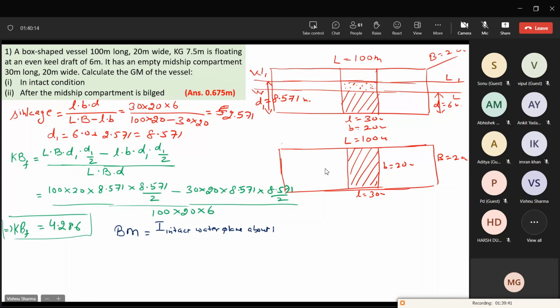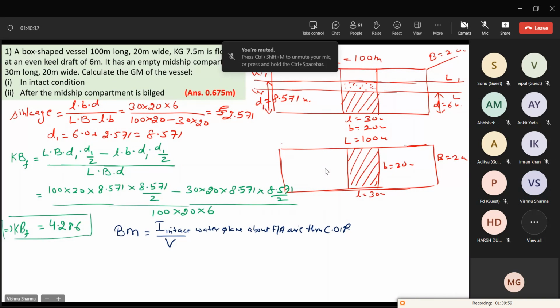About the transverse axis through COF. Do you agree this was the formula taught to you, beta, when we did the formula for BM? Yes or no? Yes, sir. Divided by V. What was V there? Go back to the formula if need be. What was V in the formula?